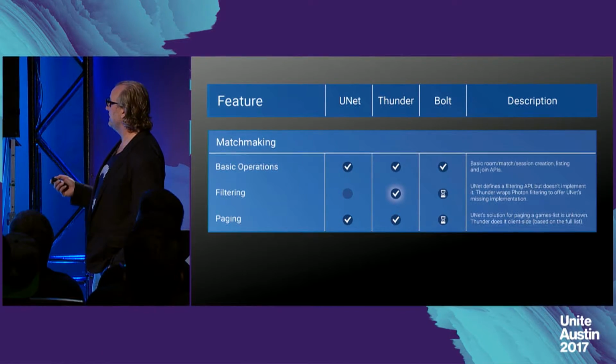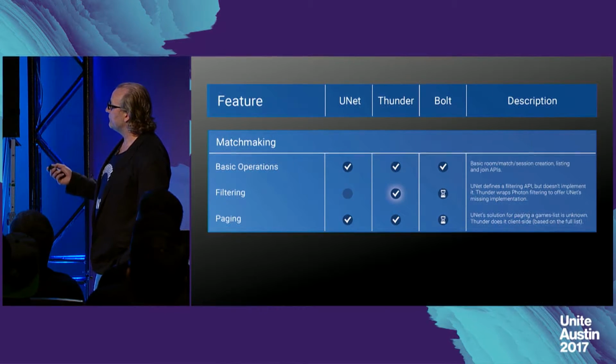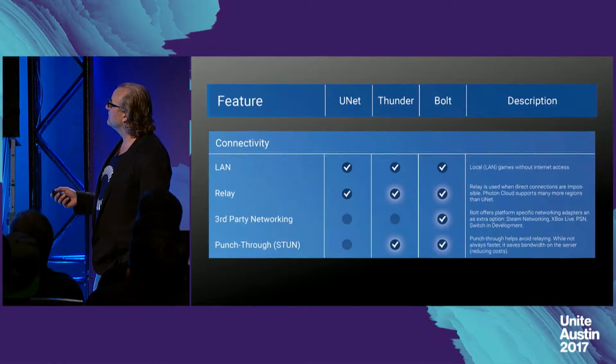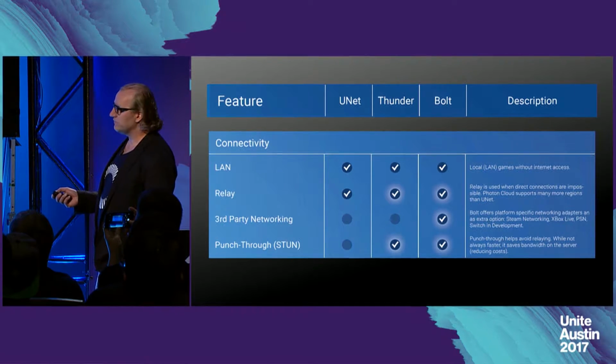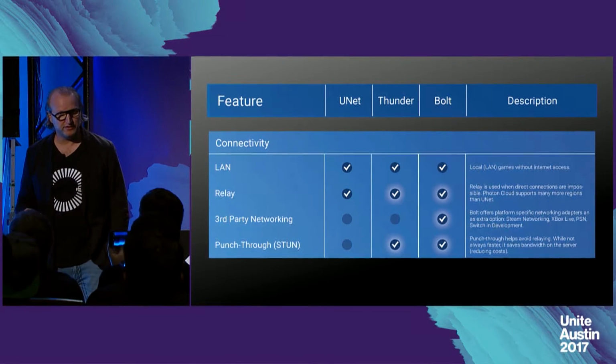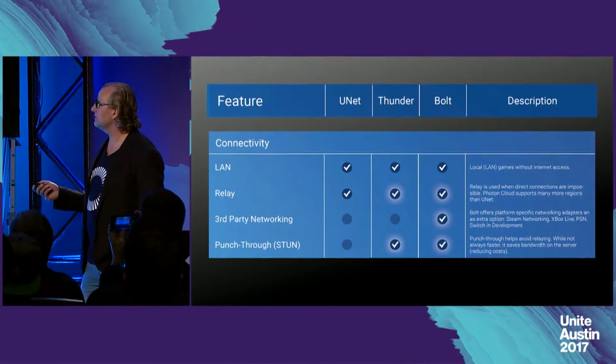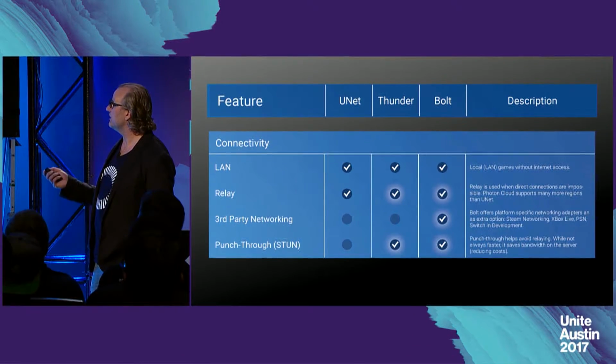The matchmaking is pretty similar across all of them, with a little bit more filtering in our platform. Then connectivity, LAN, and relay. The punch-through is, I think, a major feature that's interesting in this architecture, which UNet is missing, and we enhance it in Thunder.